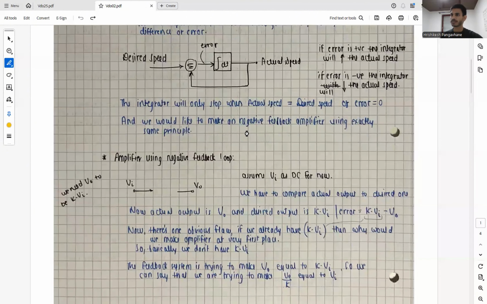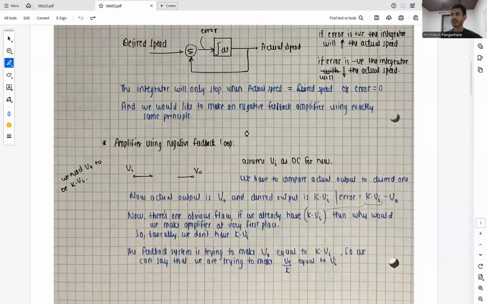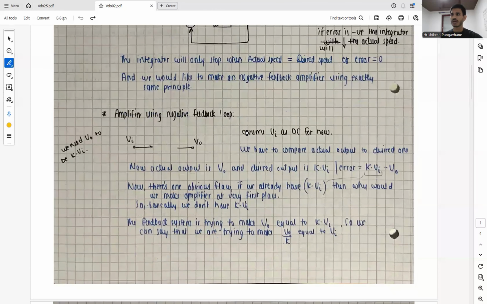So now let's look at the amplifier using this negative feedback loop. So we said that we have Vi, and we need our V naught to be K times Vi. So let's assume that Vi is a DC quantity, and as of now, let's quantify it as a DC voltage, and we have to compare the actual output to the desired one.